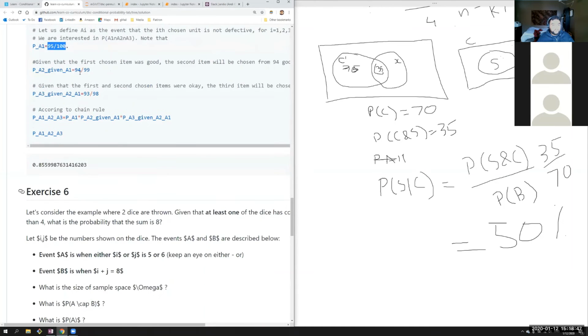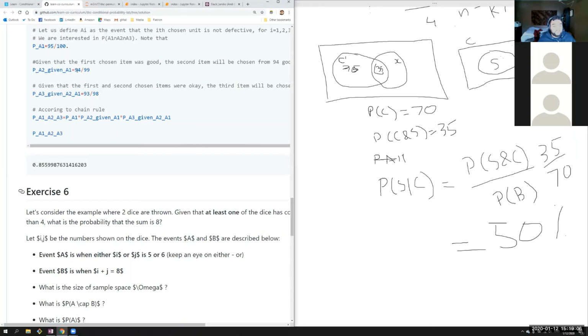Then the second one: now we're going to pick another item. The one we've already picked was not defective. So what are the odds that we pick another item that is not defective, given that we have already picked one that was not defective?